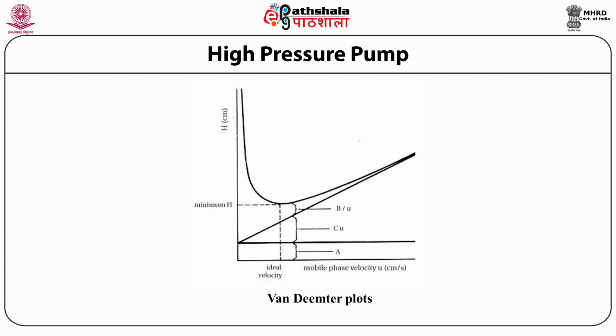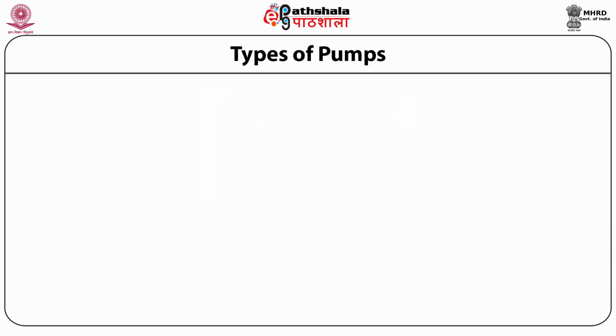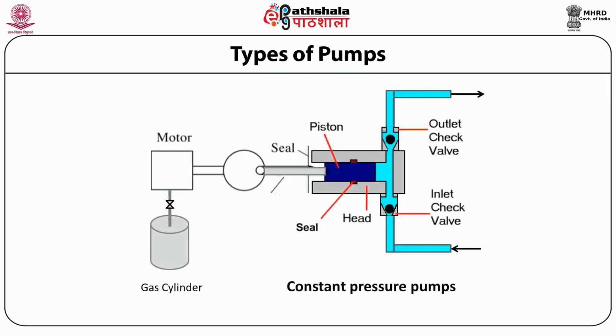Appropriate adjustment of flow rate enhances run-to-run reproducibility so that the chromatogram of sample can be analyzed with respect to the one of standards or calibrants. There are several types of pumps that are employed in HPLC. The constant pressure pumps are connected to a low pressure gas cylinder and operate via gas pressure. The gas pressure is used to drive the pistons that further produce a consistent and continuous high pressure liquid flow.